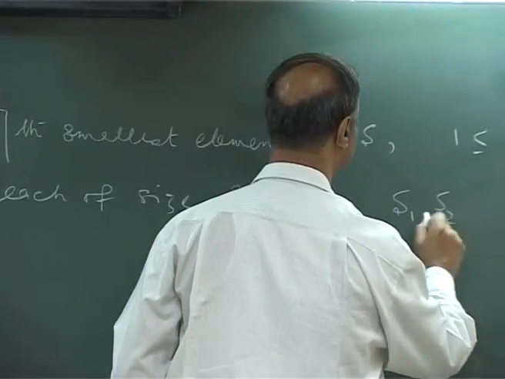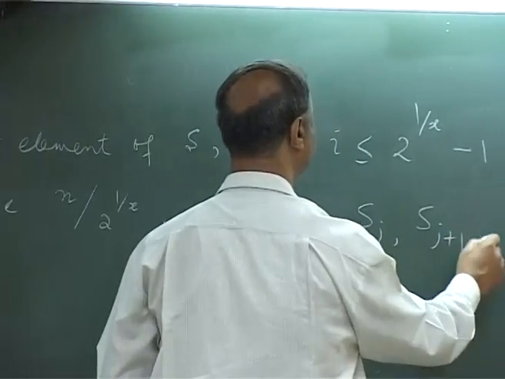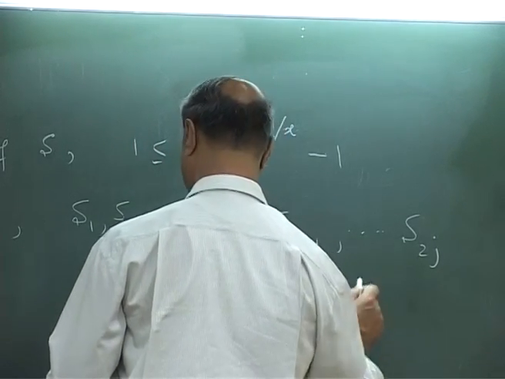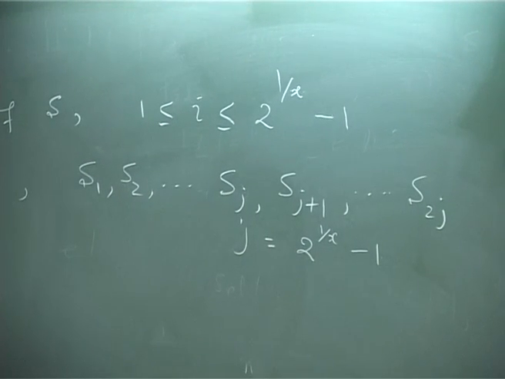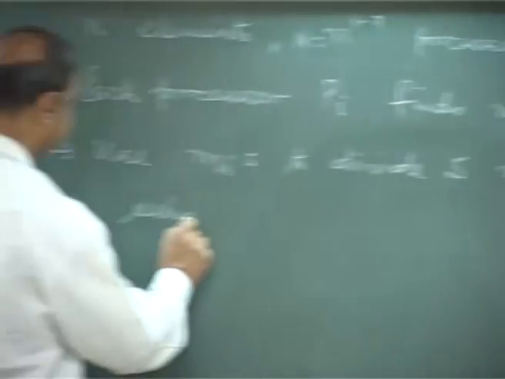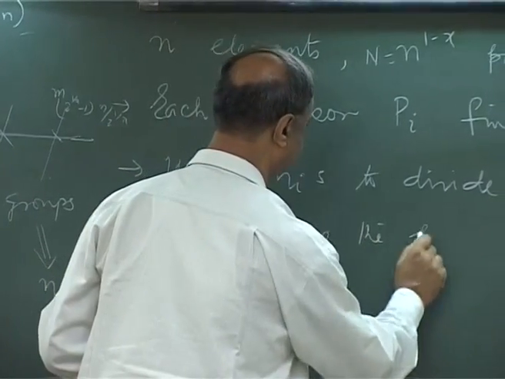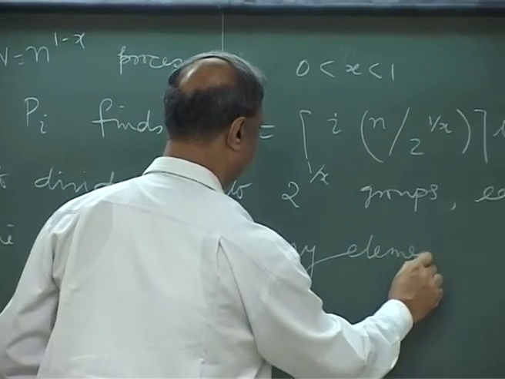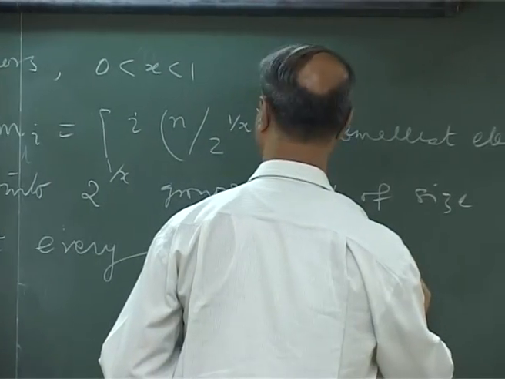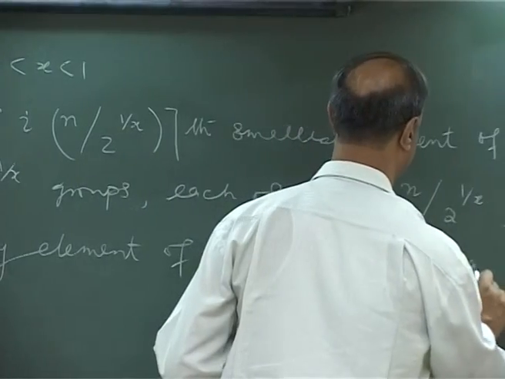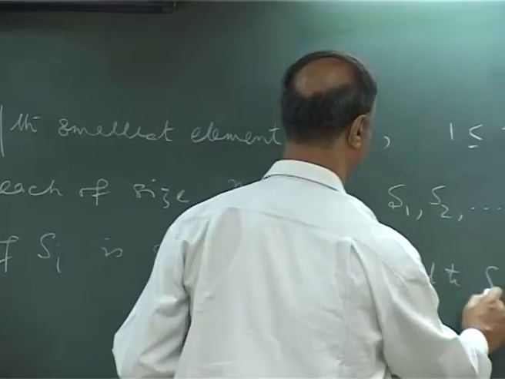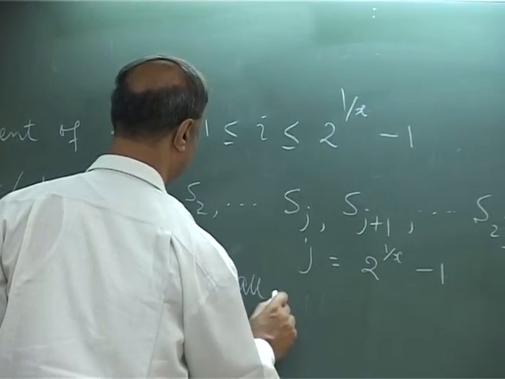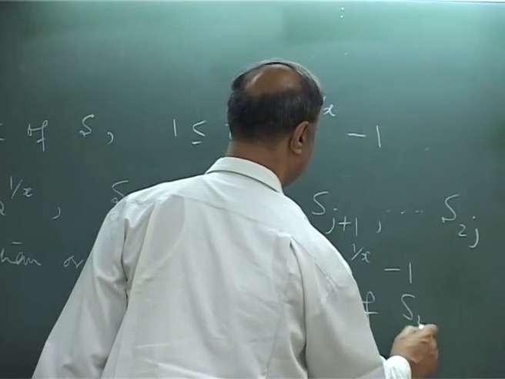These groups can be S1, S2, up to Sj, Sj plus 1, up to S2j, where j is 2 to the power 1 by x minus 1, satisfying the property that all elements of Si are smaller than or equal to all elements of Si plus 1, for all i.